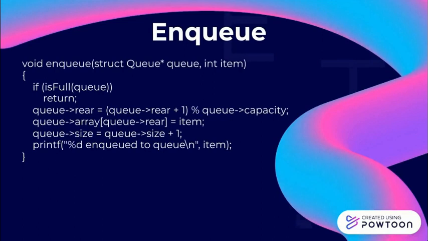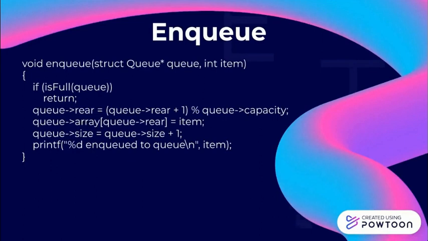For example, if the rear pointer is currently 9 and it is incremented by 1 and reaches the value of 10, but the queue capacity is only 9, then automatically the rear pointer will point to the zeroth value of the queue.